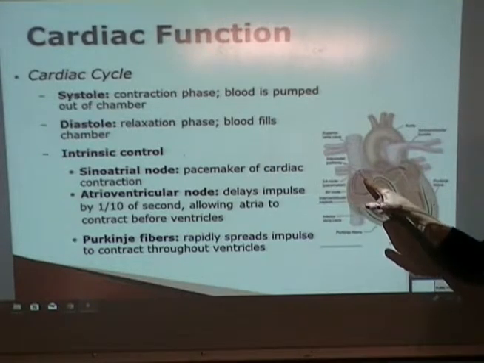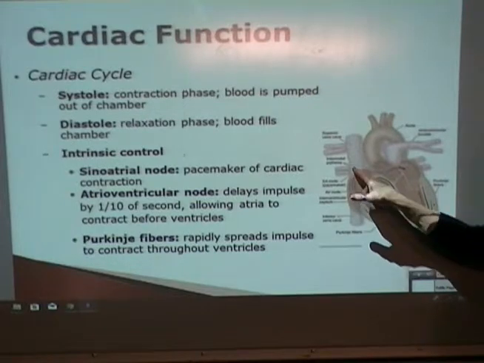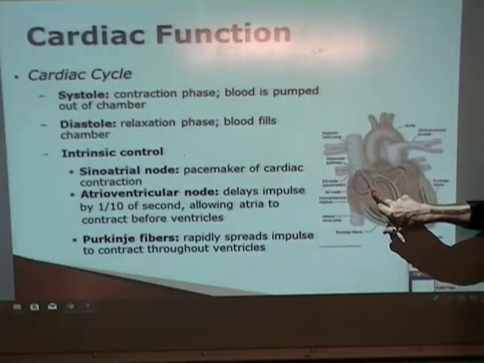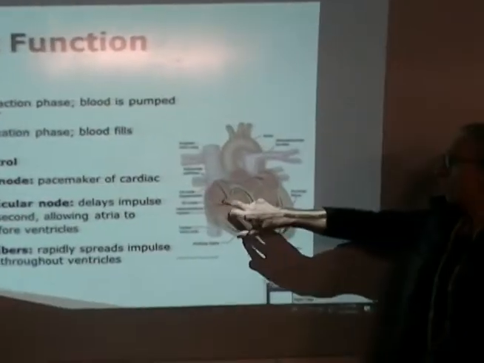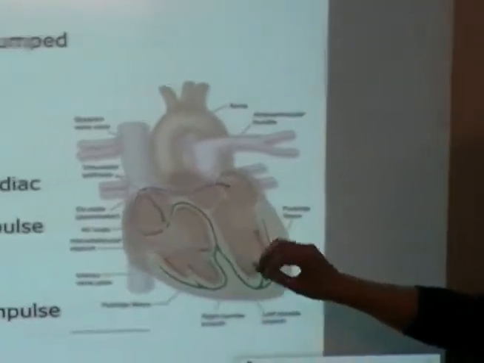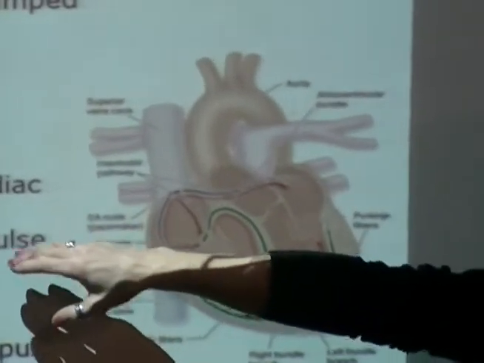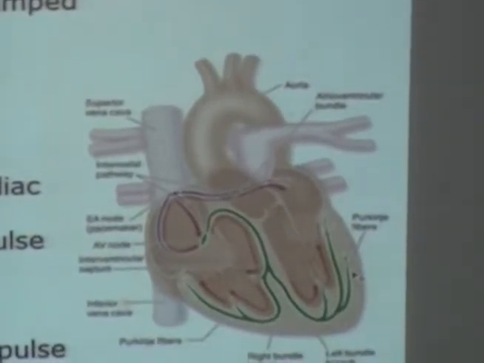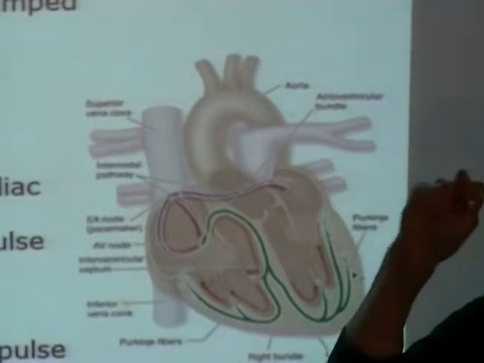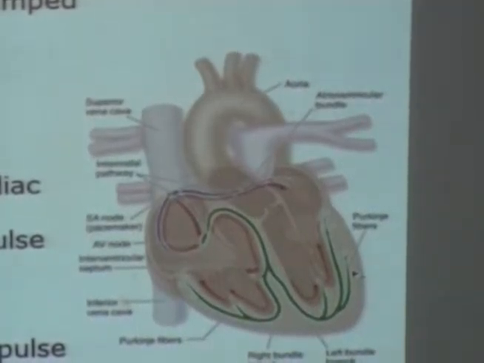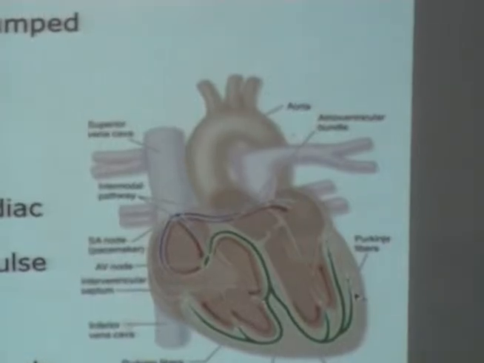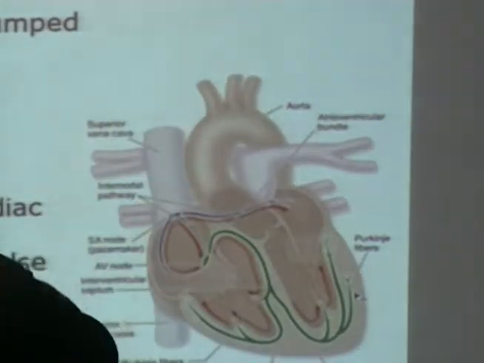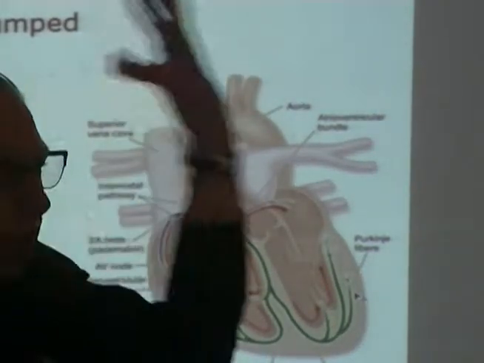So we initiate an action potential that spreads across to the top of the ventricle. There's another little specialized set of nodes called the AV node, the atrioventricular node, and they're responsible for holding on to that signal for a minute amount of time. That's important because if the atria and the ventricles were contracting at the same time, where would the blood go?